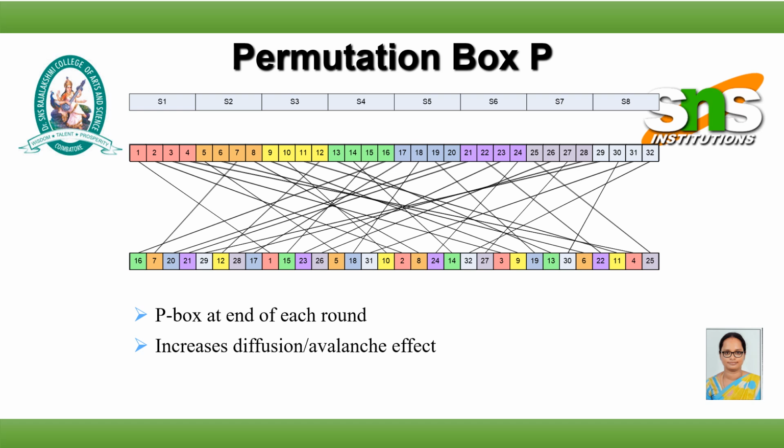In the permutation box P, we are performing different rounds. In that round, we are changing the order and the values we have passed for all that 32 bits. If we have an order like S1 to S8, that means 8 blocks, we are splitting the 32 bits into 8 blocks.